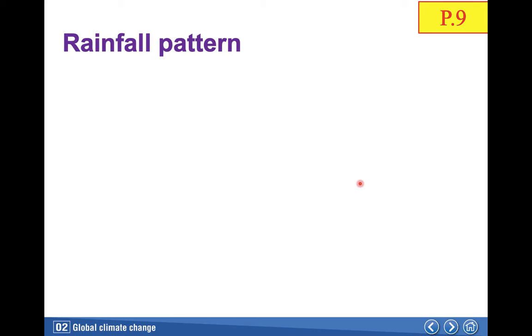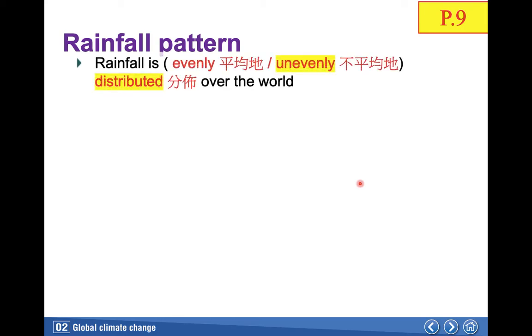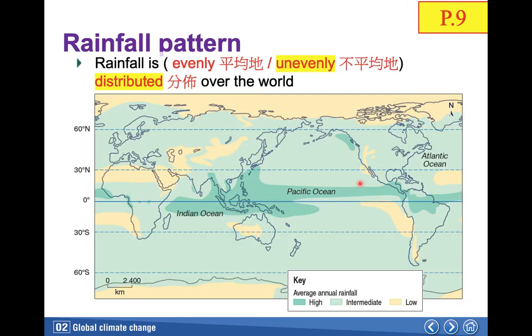After we talk about the temperature, let's talk about the rainfall in the global pattern. Similar to the temperature, we actually have an uneven distribution of rain over the world as well. As you can see from this map, there are different colors. The high rainfall is indicated by dark green.